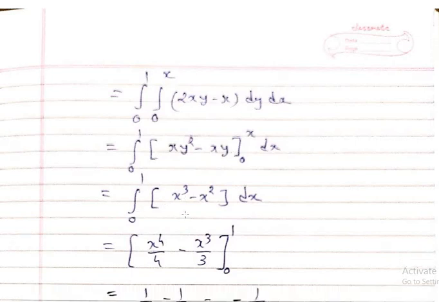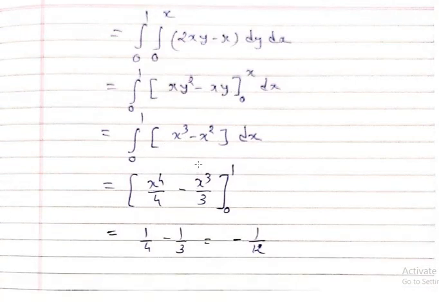Now the integration of x cube minus x square will be x raised to 4 by 4 minus x raised to 3 by 3, with limit from 0 to 1. If we first put the upper limit, that is 1 by 4 minus 1 by 3, minus the lower limit which will be 0, simplifying this will give you minus 1 by 12.